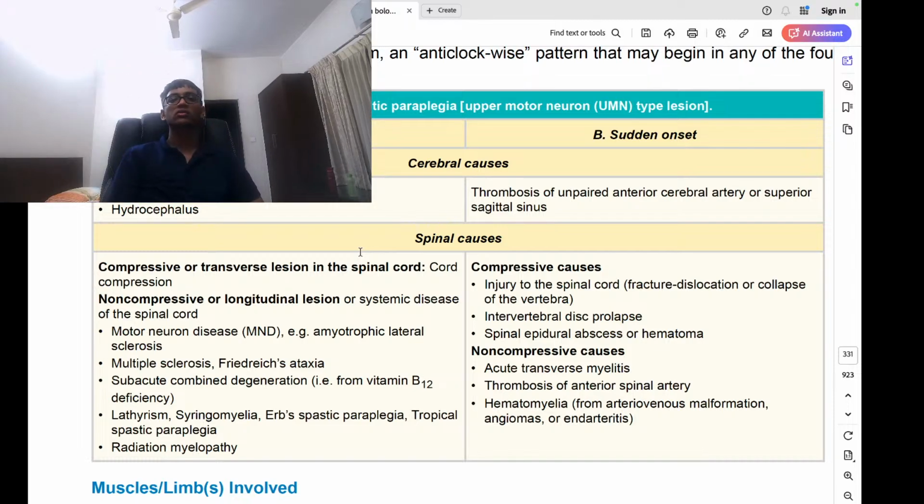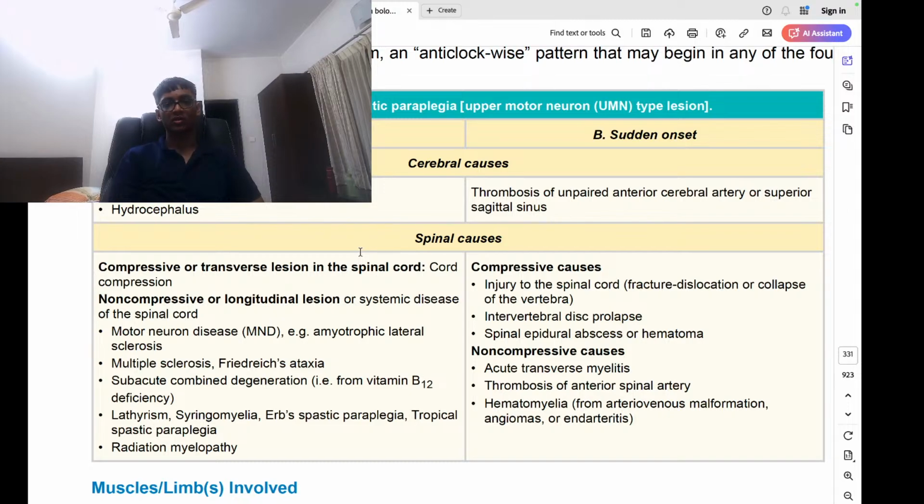Spinal causes of spastic paraplegia with gradual onset are compressive, or non-compressive. Non-compressive, longitudinal lesions or systemic disease of the spinal cord include motor neuron disease, for example amyotrophic lateral sclerosis, multiple sclerosis, Friedreich's ataxia, subacute combined degeneration from vitamin B12 deficiency, lathyrism, syringomyelia, tropical spastic paraplegia, and radiation myelopathy.